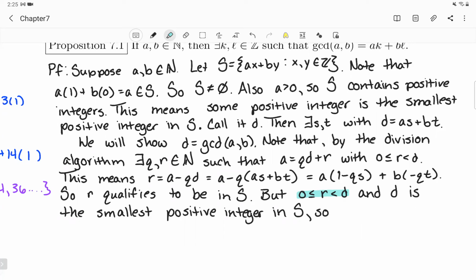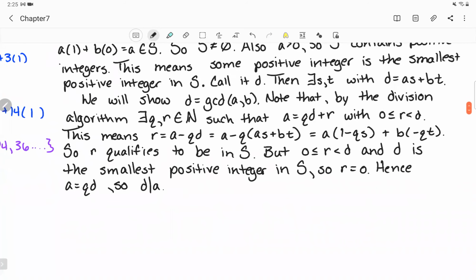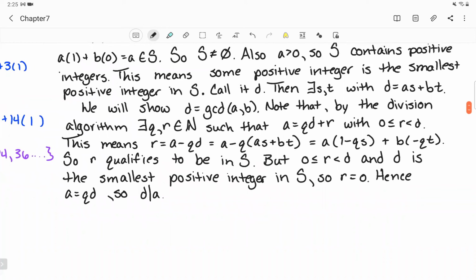So R equals 0. We're almost there. Hence, going back to the original, we get A equals QD, so D divides A.